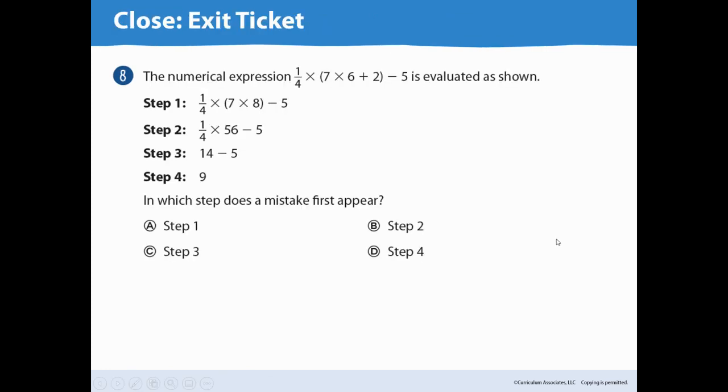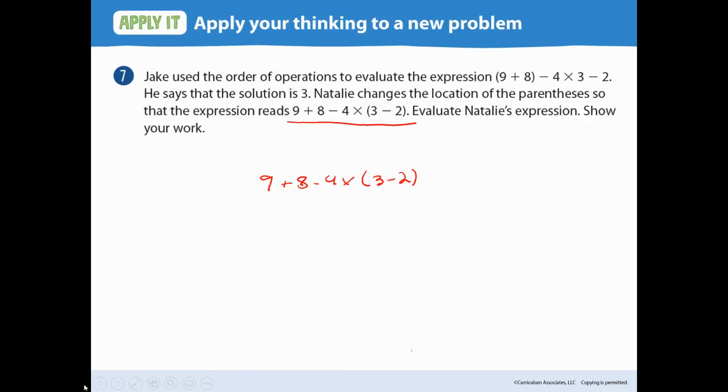And on number 8 here, I don't want you to worry about step 1 through 4 or A through D. All I want you to do is this right here. I just want you to evaluate that expression. So 1/4 times 7 times 6 plus 2 minus 5. That's all I want you to do, just evaluate that expression. You don't have to worry about all that other stuff. So go ahead and do those two, and then come back and we will check your answers.